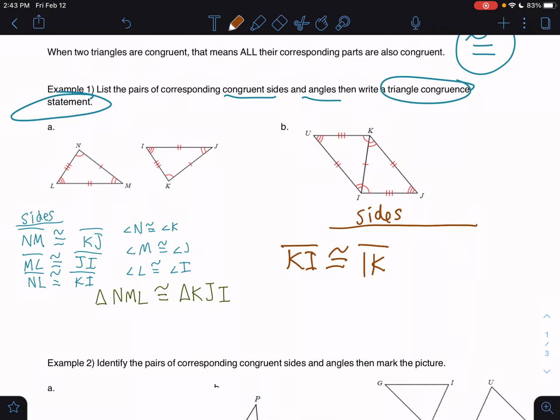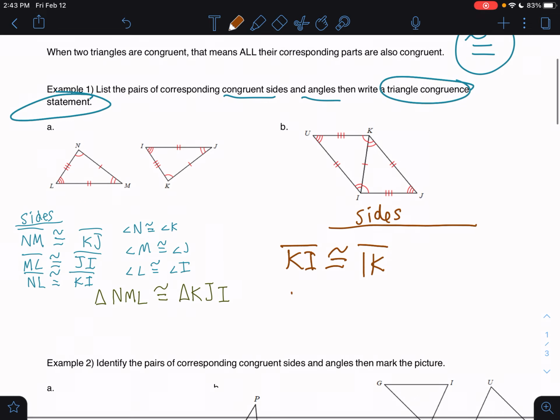Alright, let's go on to the 2 tick marks. So starting on the left one, I'm going to go from 2 to 3, so I'm going to say IU is congruent to KJ. Because again, I go from 2, 3, and then 2, 3.